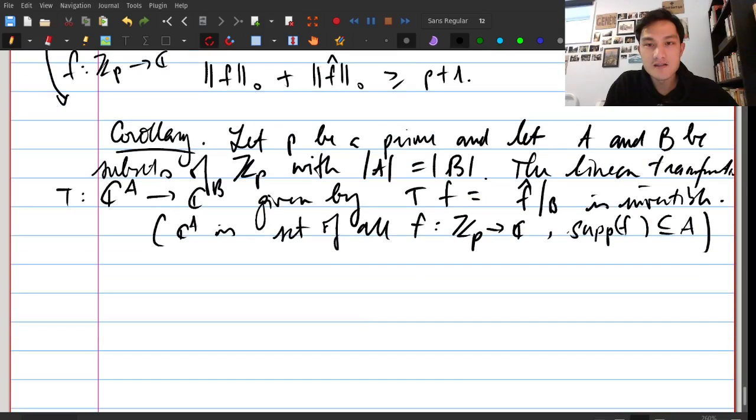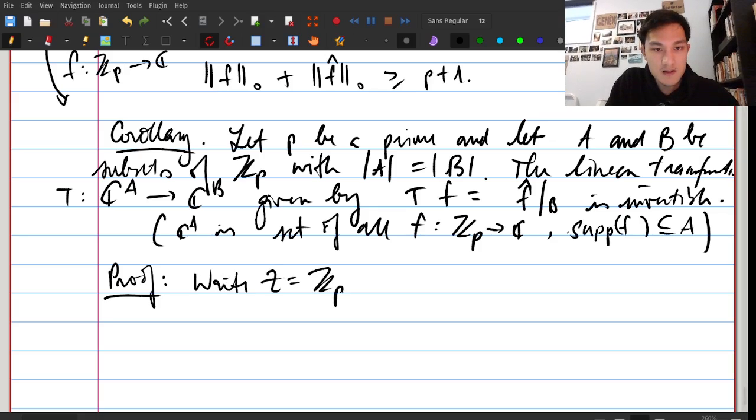So you can see this is also restricted to B. That just means make it 0 outside of B. So you can see that this is going to be a linear transformation. Actually, we'll write that explicitly in the proof. And we just want to show that that's invertible. And it'll be a corollary of Chebotarëv's lemma.